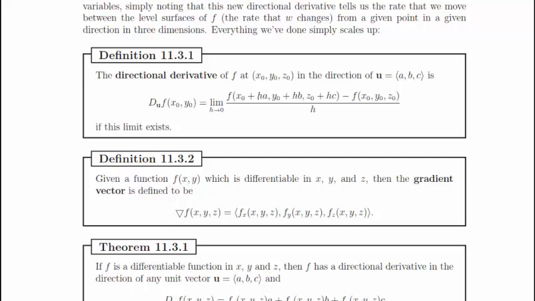Now this ha is my delta x just as it was before. The hb is my delta y, and the hc is my delta z. So as x, y, and z all change in the direction of a, b, c, my w outputs are changing, and so this difference on top is my change in w, and h is essentially my change in u.